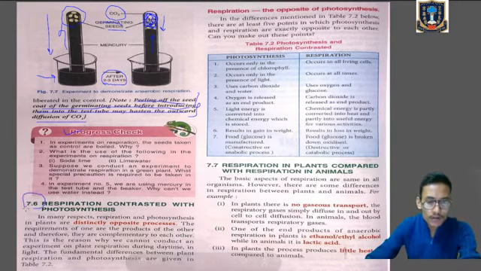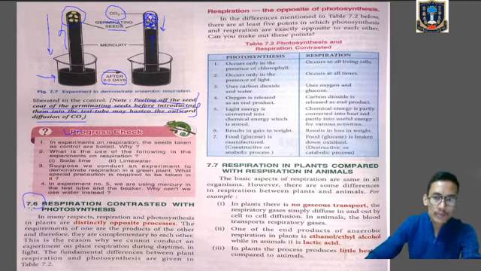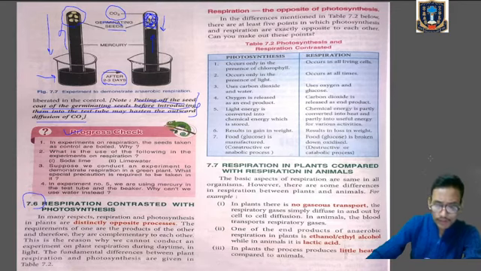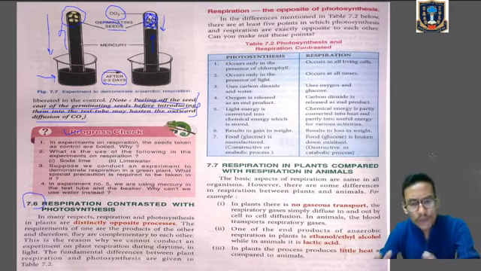Respiration contrasted with photosynthesis, or we can say the difference between these two processes. Now mostly the processes of respiration and photosynthesis are different. Clear? We have mentioned that photosynthesis is an anabolic process, whereas respiration is a catabolic process, that we know. So these two processes are completely opposite to one another.